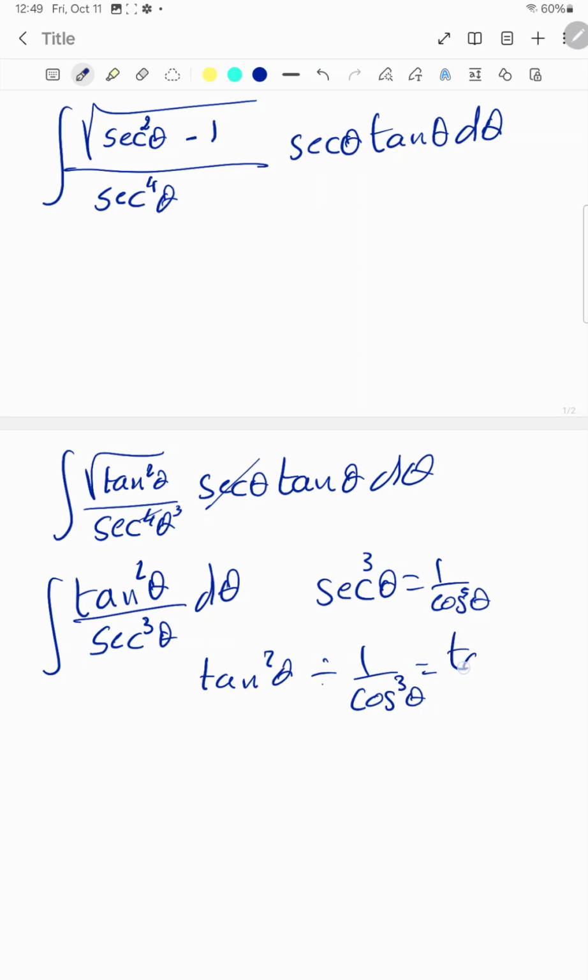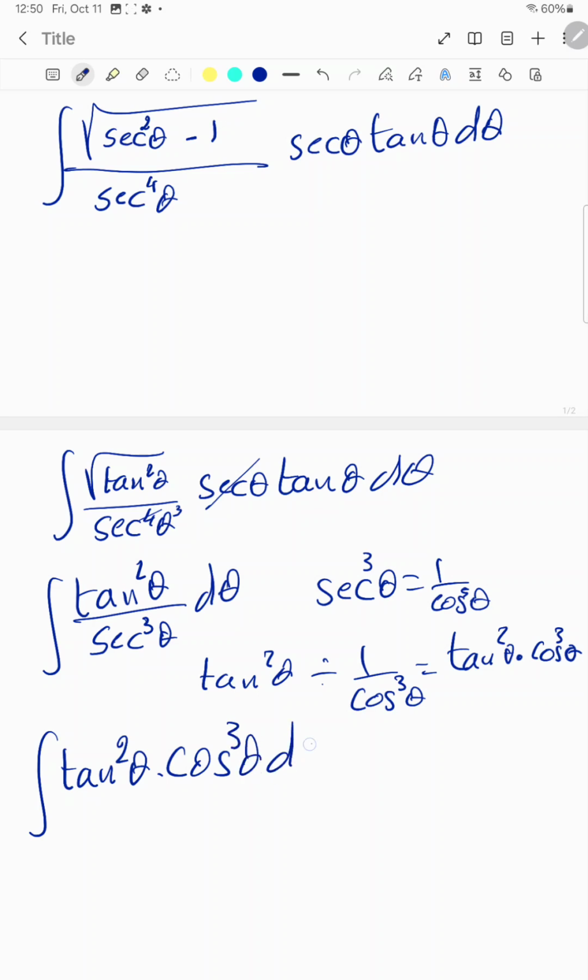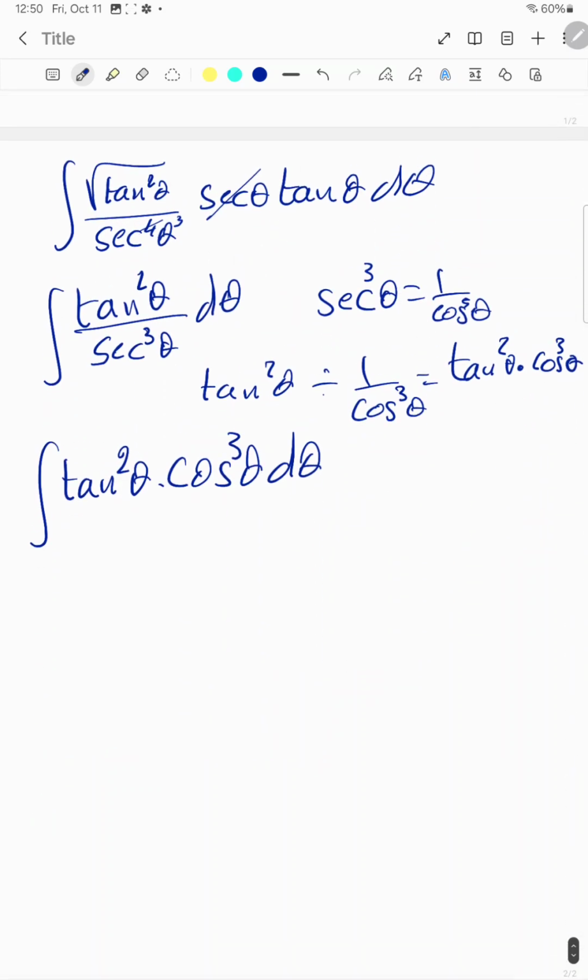this will be equal to tan to the power of 2 theta multiplied by cosine to the power of 3 theta d theta. So my integral becomes tan to the power of 2 theta multiplied by cosine to the power of 3 theta d theta. But I know that tan is sine divided by cosine.